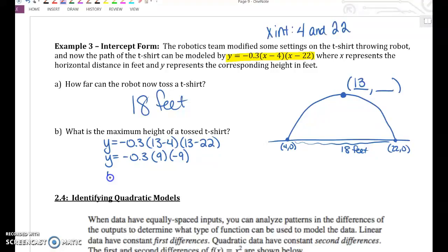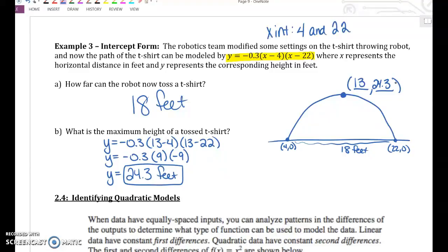Multiply this out, what do we get? 24.3 feet. So this vertex is 13, 24.3. 13 feet into this toss horizontally, that t-shirt is going to be 24.3 feet high.